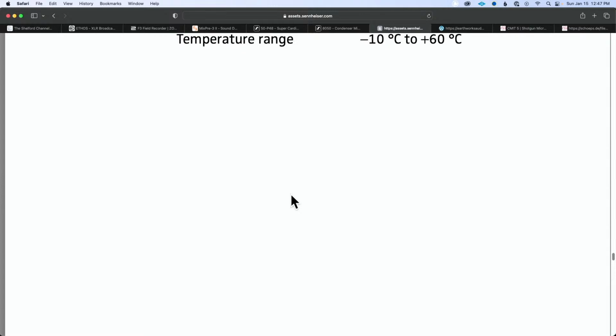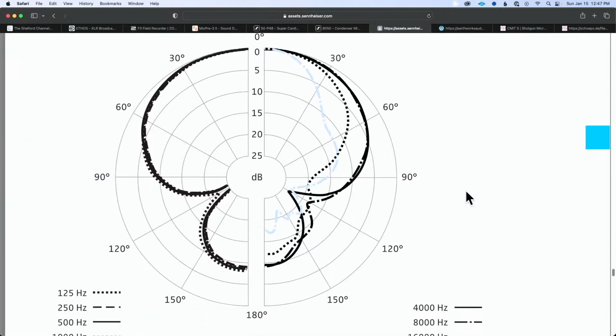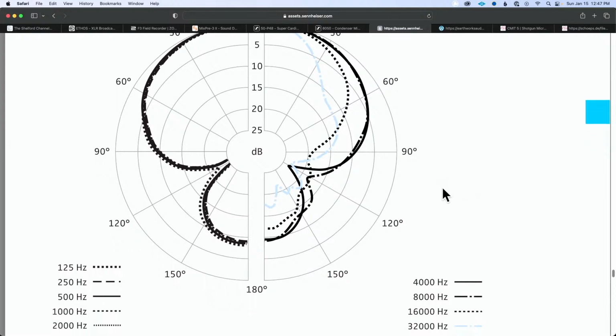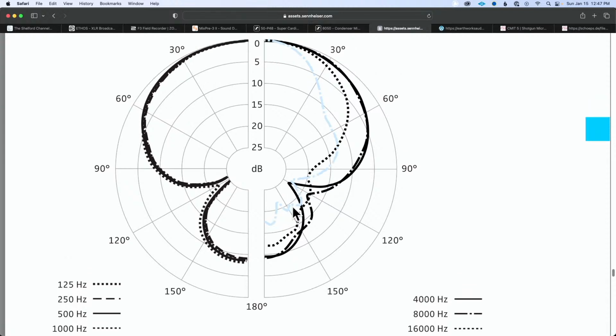Oh, here's the specifications. Here's the polar pattern chart, just to illustrate what that looks like. At different frequencies, it's directional in different ways. So you'll notice here, for example, at 32 kilohertz, which is generally beyond the hearing of humans for the most part, it changes substantially at the back.